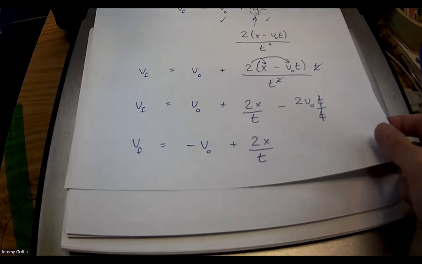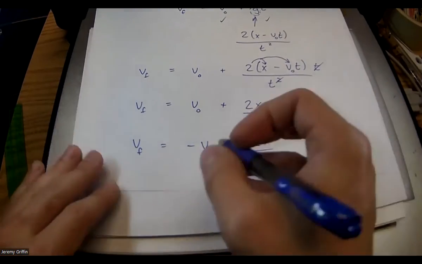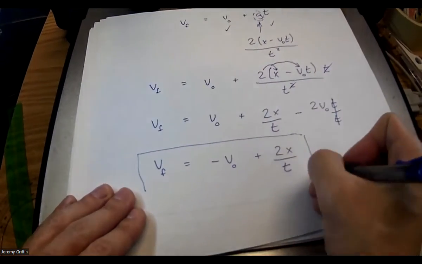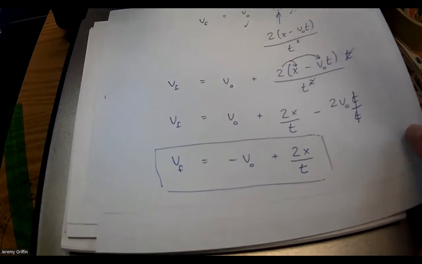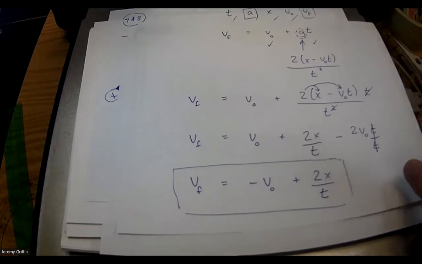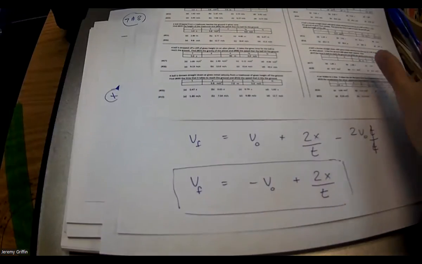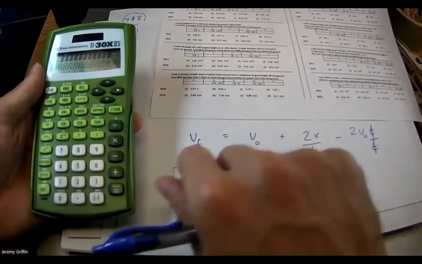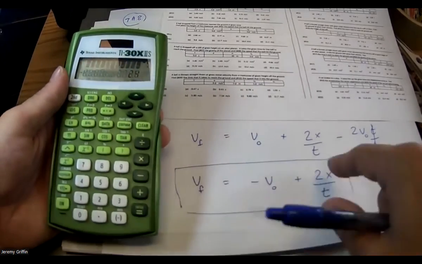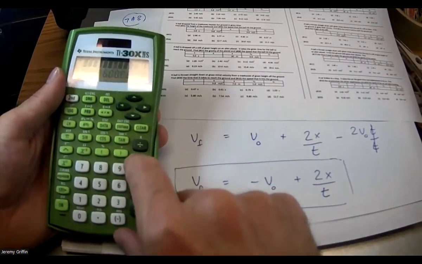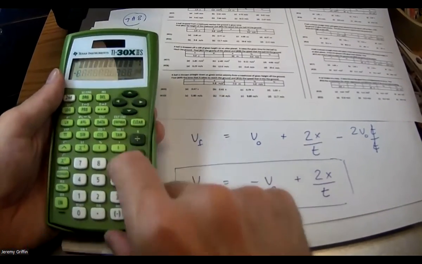Here. Let's plug in the numbers, make sure that that works with an answer choice. And then I want to show you guys graphically why this expression is true. So let's try the numbers. This is number 8. Negative v naught is just 0 because they drop it. So it would just be twice the average velocity: 2 times the cliff height divided by the fall time.